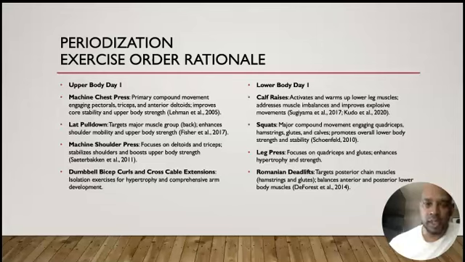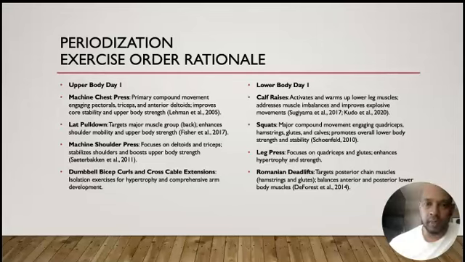Next, the machine shoulder press, which focuses on the deltoids and triceps, stabilizing the shoulders and boosting upper body strength, as per Saterbacken et al. 2011. And we finish off with the dumbbell bicep curls and the cross cable extensions, isolation exercises aimed at hypertrophy and comprehensive arm development.